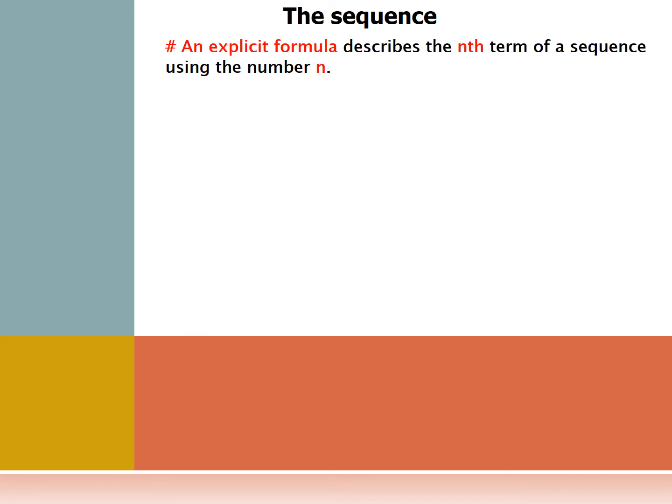An explicit formula describes the nth term of a sequence using the number n.